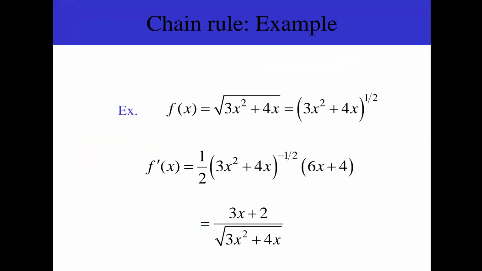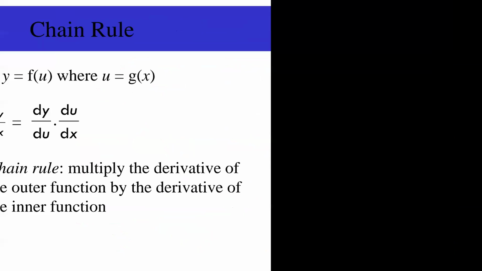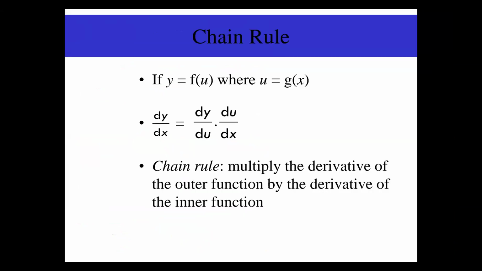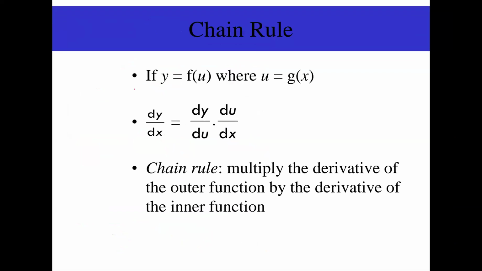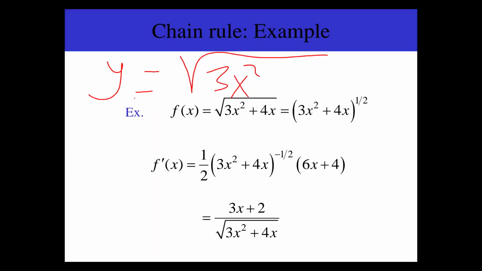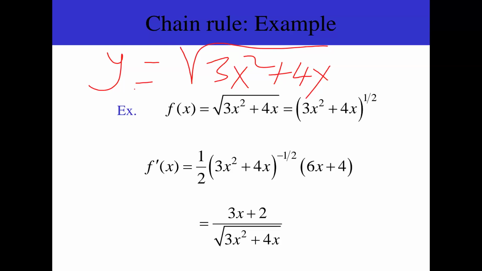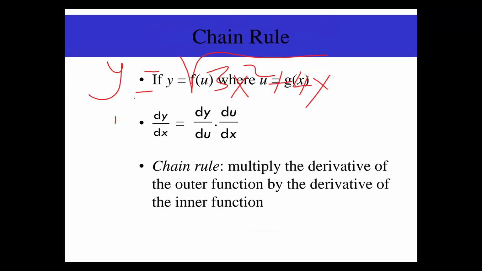If you don't want to start dividing or whatever, saying this is u, this is y function, the other way of doing it is y is equal to the root of 3x squared plus 4x, yeah? Now, listen to the other way of doing it. We could rewrite y as 3x squared plus 4x to the power half.